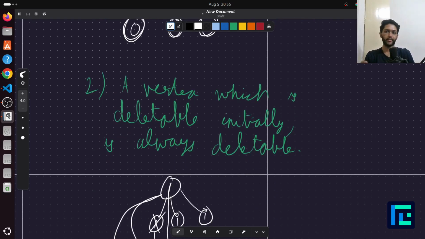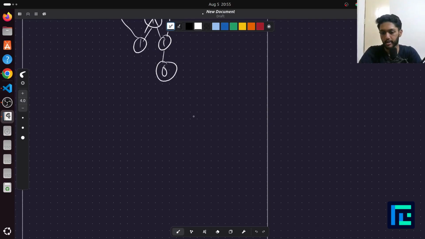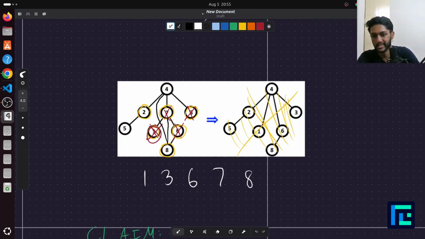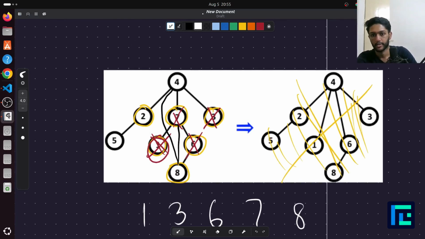So whatever operations I am doing, they do not affect the deletability of my nodes. In this case, we had this example, so I'll draw it again.